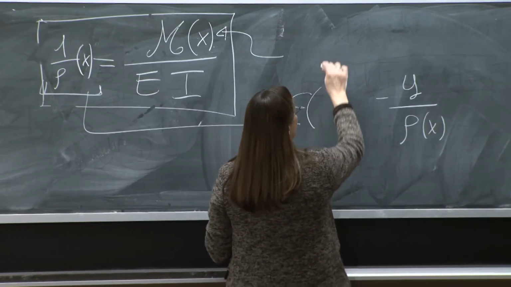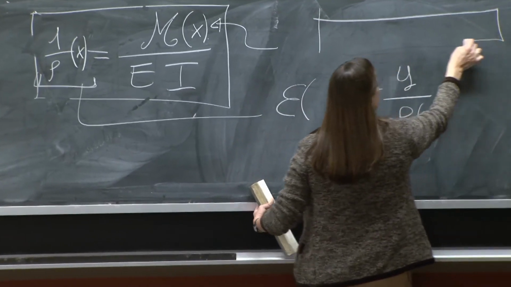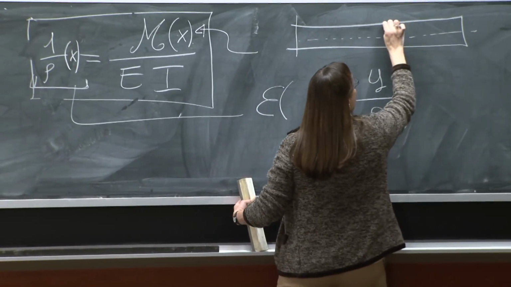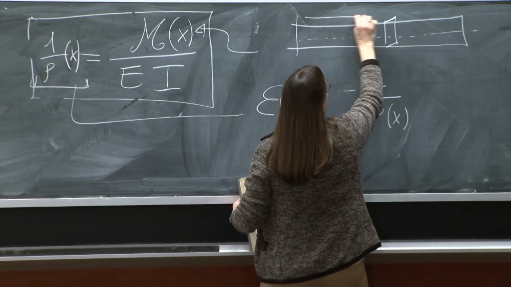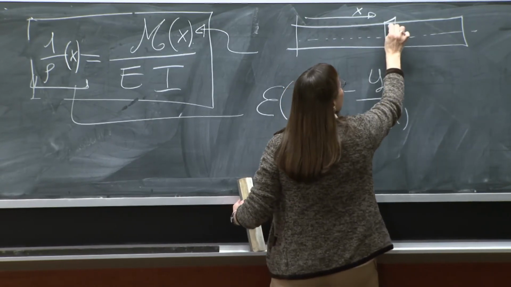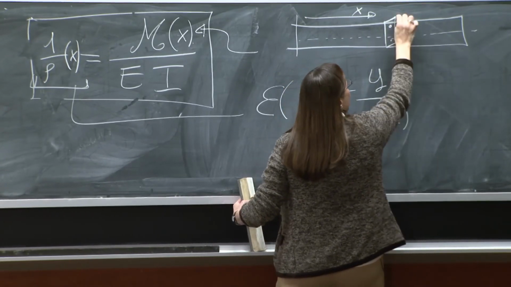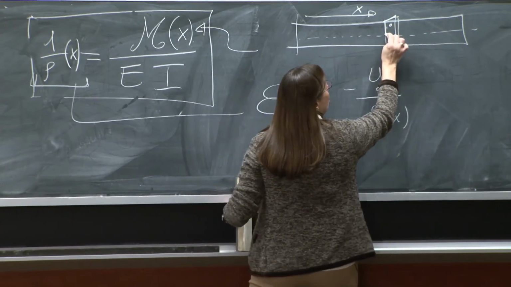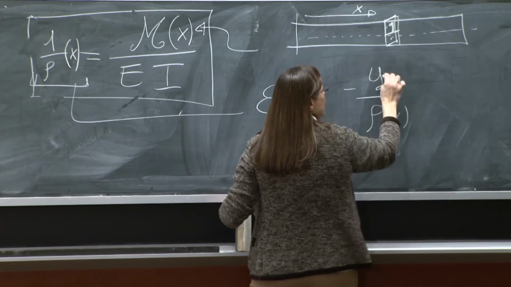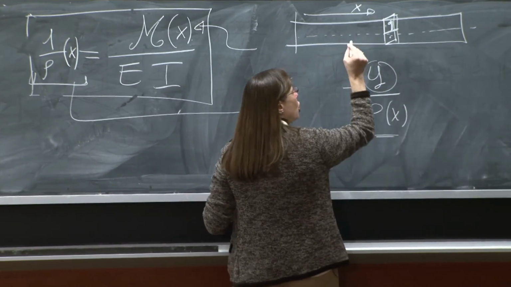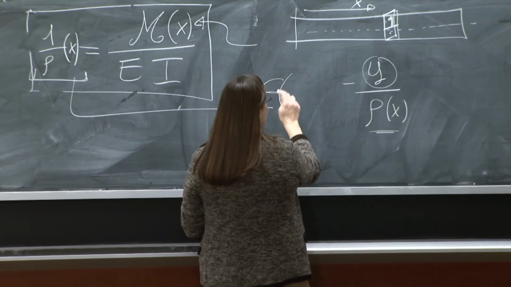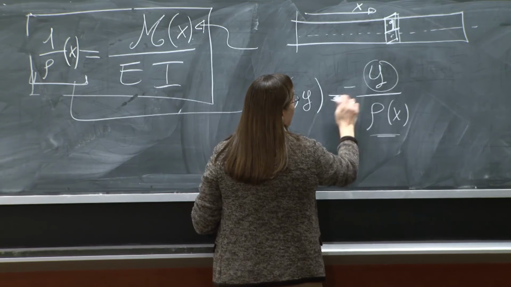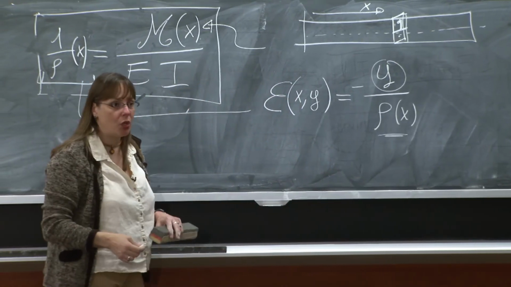So the strain, if you have a beam where you have different curvature at different cross-section, and if I look at a certain cross-section, which is at x, and if I want to know the strain at every point on that cross-section, I'm going to have a strain which depends on how far I am from the neutral axis, y, but it also depends on the curvature at that section. So the strain is a strain of x and y, right? You see what I mean?